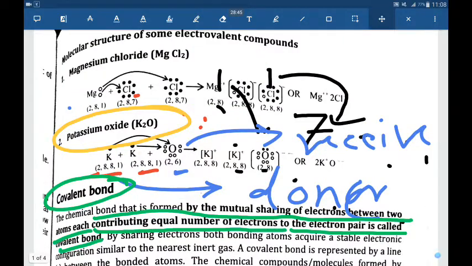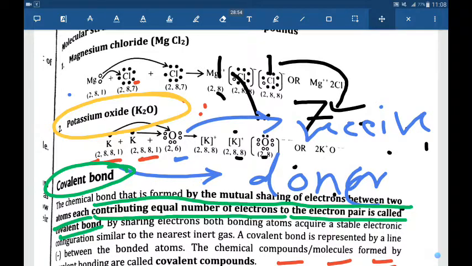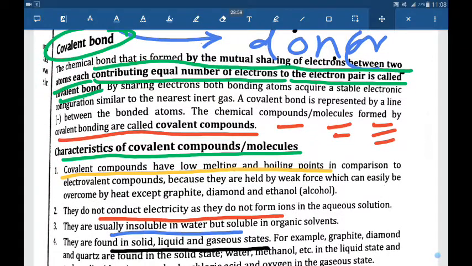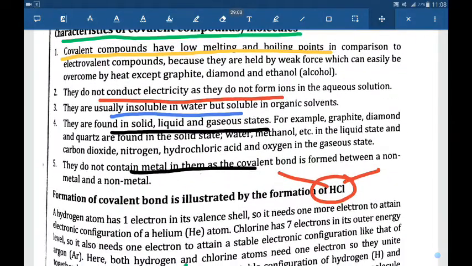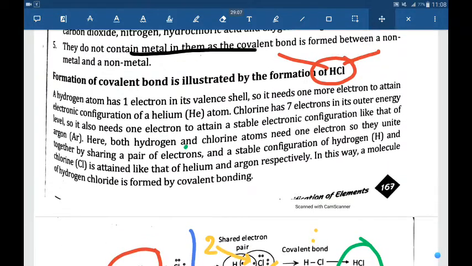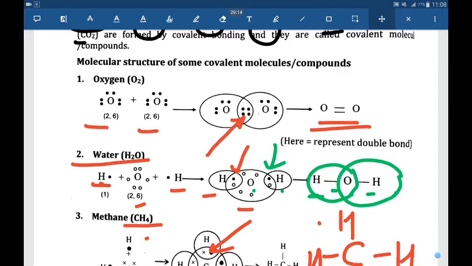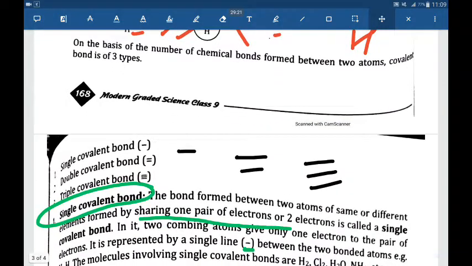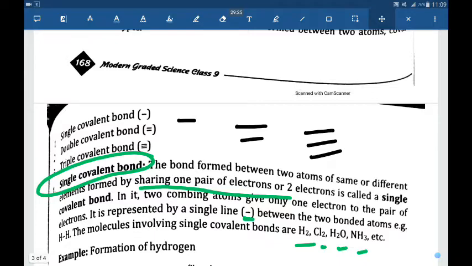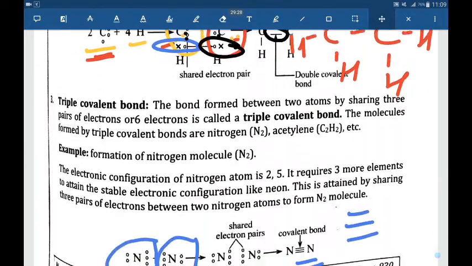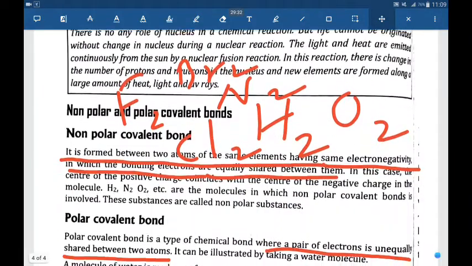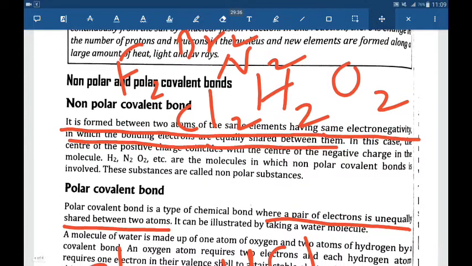Students, once let's recap what did we discuss today. We discussed molecular structure of magnesium chloride, covalent bond, covalent compounds, characteristics of covalent compounds, how is hydrochloric acid molecule formed by sharing of one pair of electrons, how is molecule of oxygen formed, and types of covalent bond, single covalent bond, double covalent bond, triple covalent bond, covalency, and non-polar and polar covalent bonds.